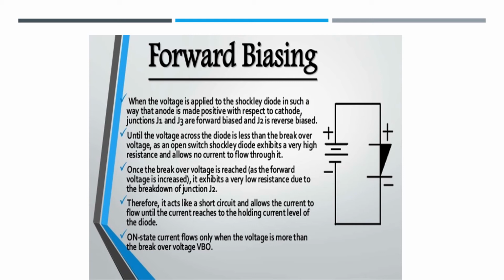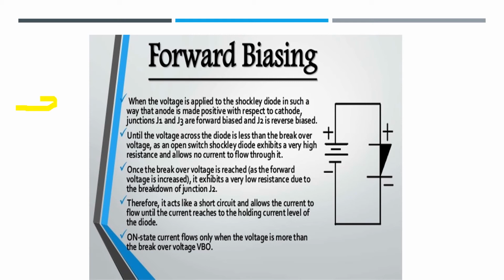Once the breakover voltage is reached, as the forward voltage is increased, it exhibits a very low resistance due to the breakdown of junction J2. Therefore, it acts like a short circuit and allows the current to flow until the current reaches the holding current level of the diode.